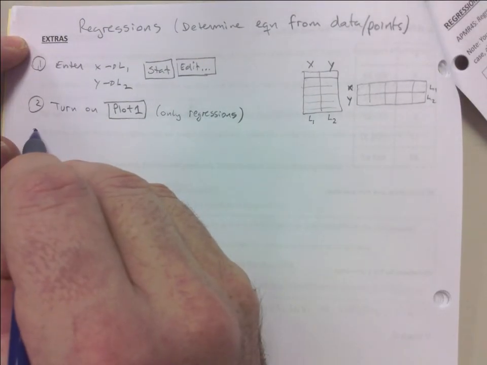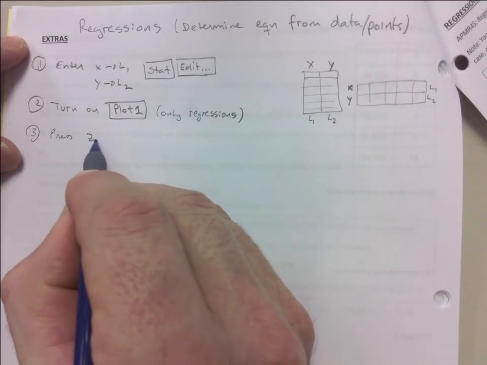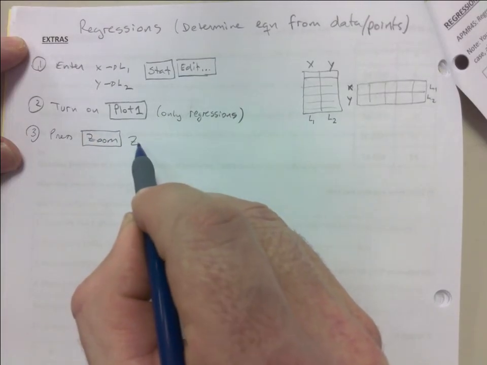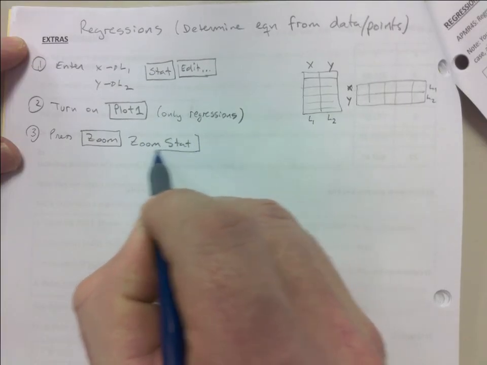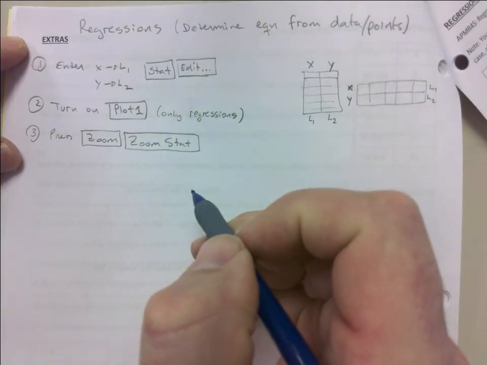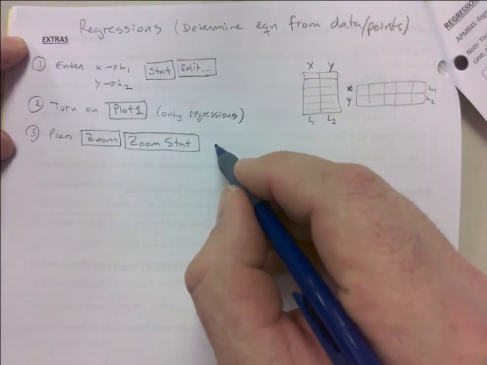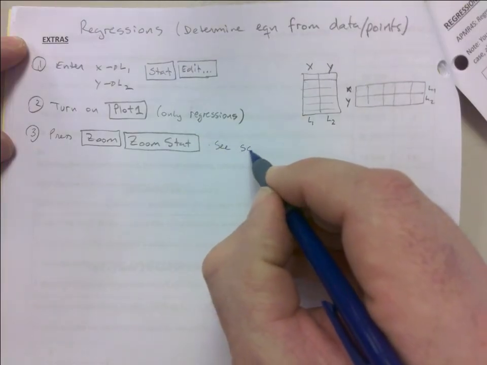Number 3, we're going to press Zoom, and then we're going to specifically select Zoom Stat, okay? You should see a scatter plot.